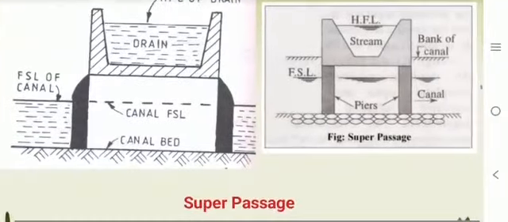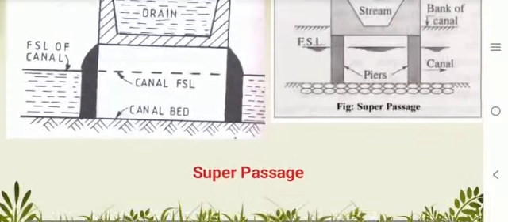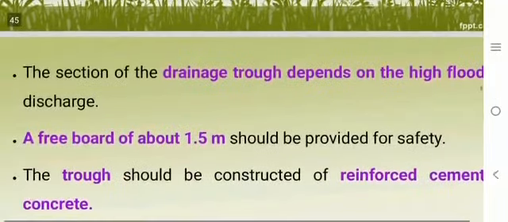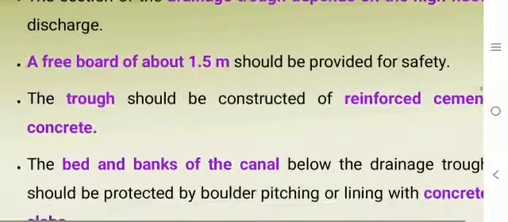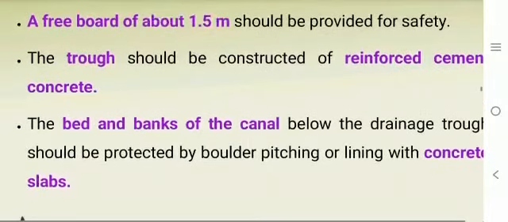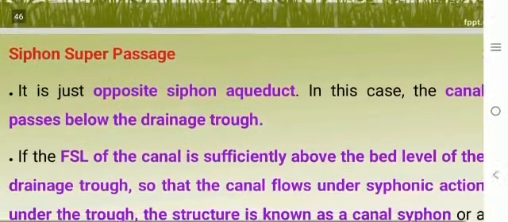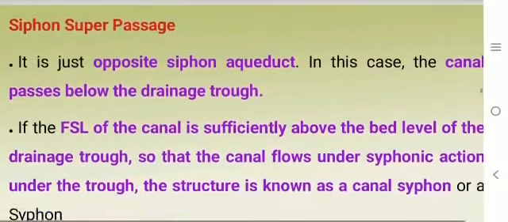The drainage is taken through a rectangular or trapezoidal trough channel, which is constructed on decks supported by piers. This is the figure for the super passage. The section of the drainage trough depends on the high flood discharge. A freeboard of about 1.5 meters should be provided for safety.